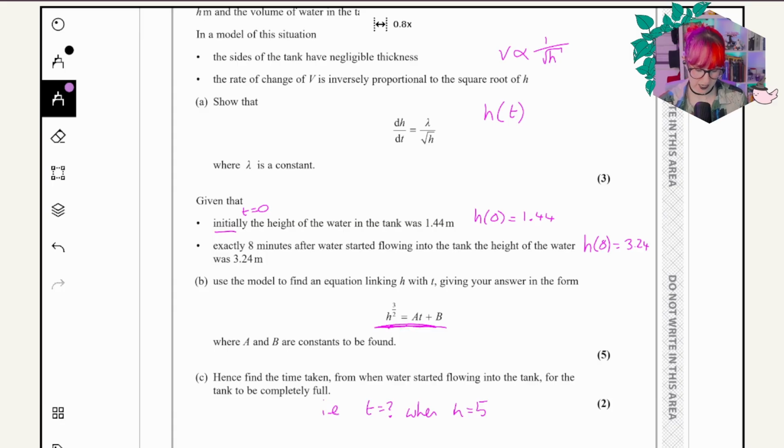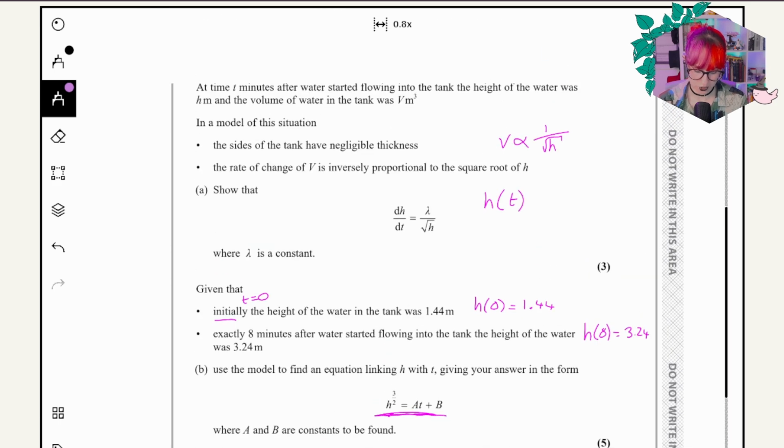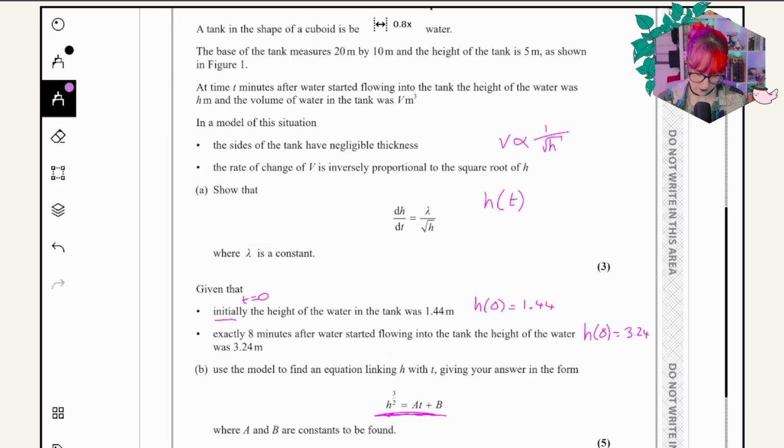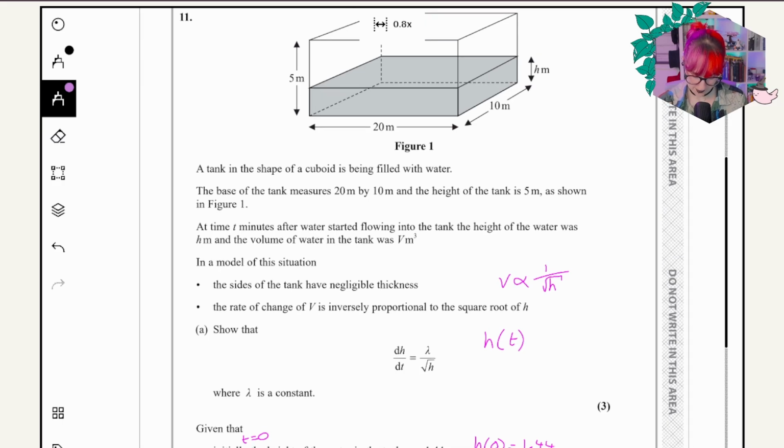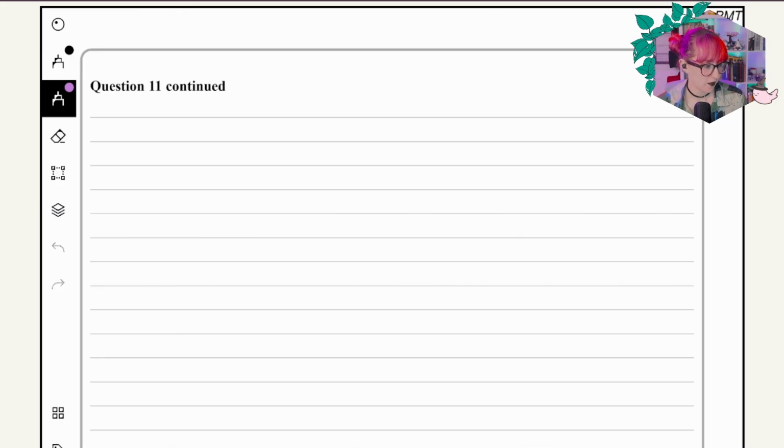So we'll start from the beginning. We've got this proportionality. We've got size. And we need to show that the rate of change of h is inversely proportional to the square root. Okay, let's do this then. First things first, let's find some relationships.